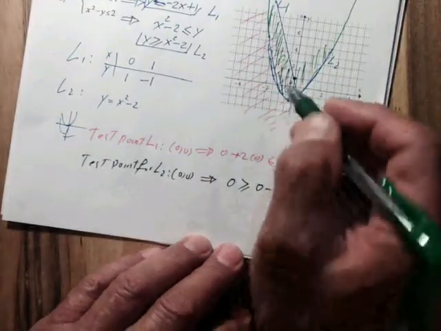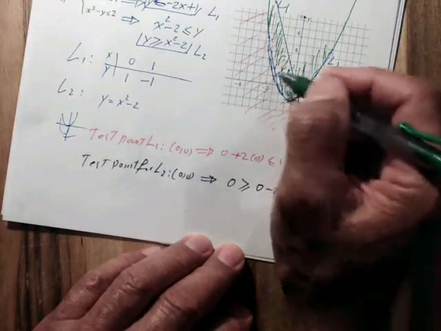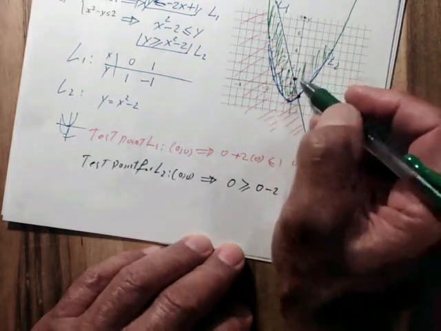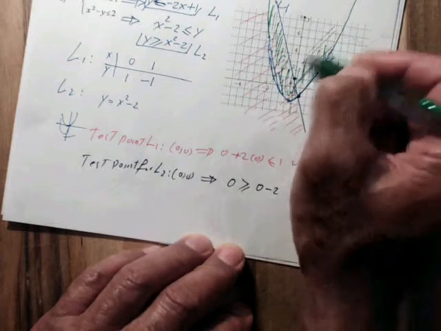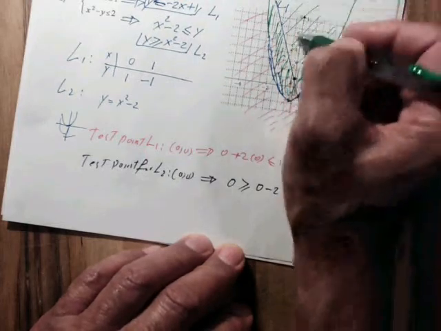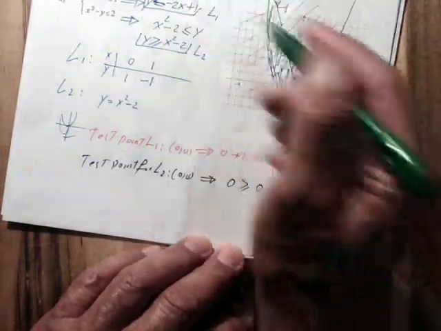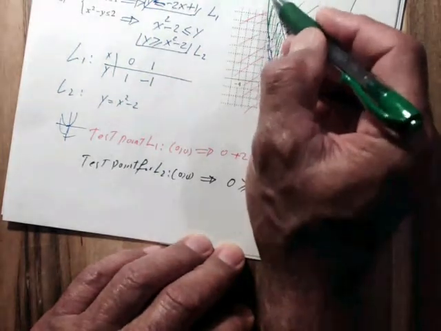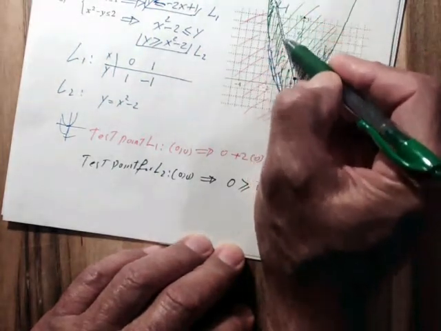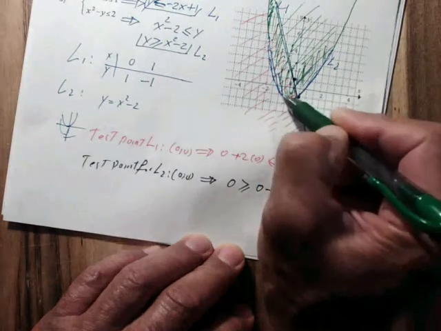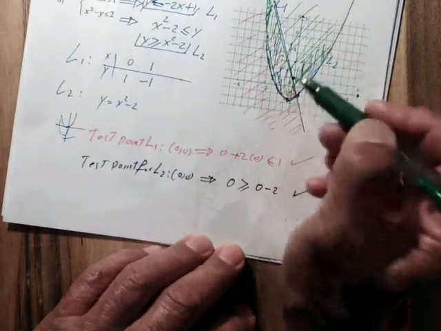Okay. It has both colors, you see. All of this is green, all of this is this, and then this area here is the solution.